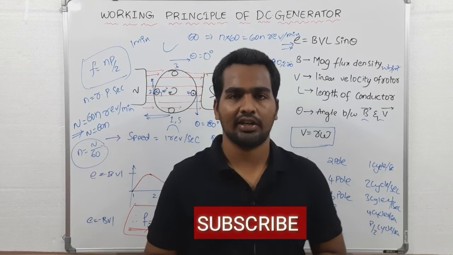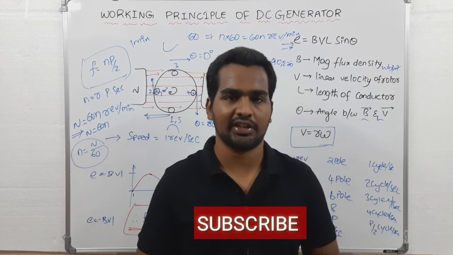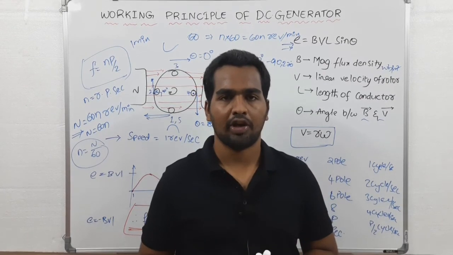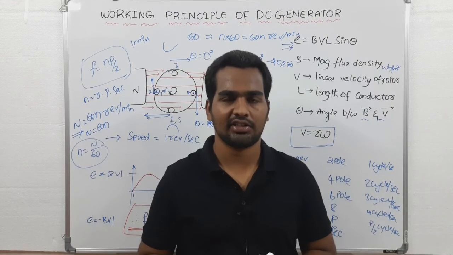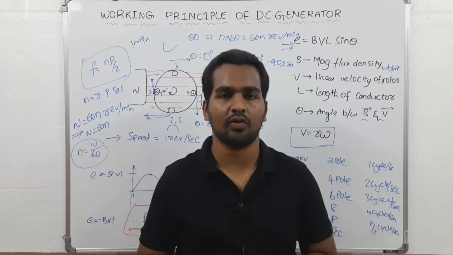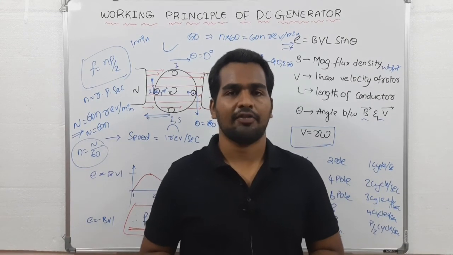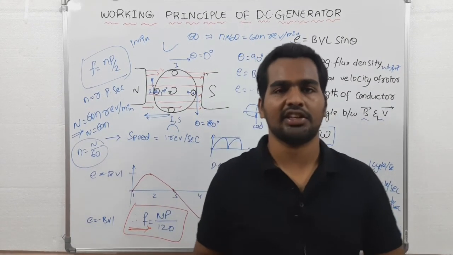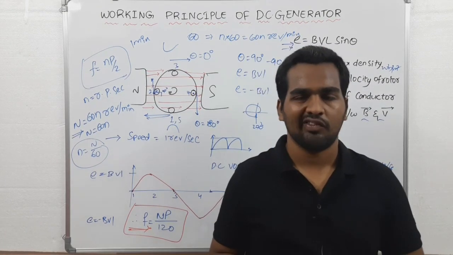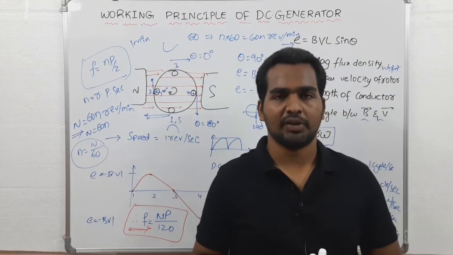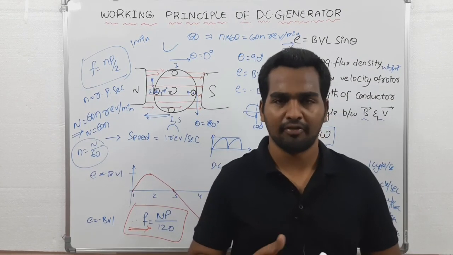What is actually happening is the generated EMF is alternating in nature. Because of the commutator and brush system, that alternating generated EMF can be converted into DC value. Okay, and the frequency of generated EMF is F equal to capital N into P by 120, where N is the speed of the machine in revolutions per minute and P is the number of poles of the machine.